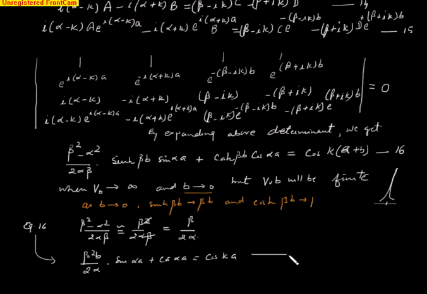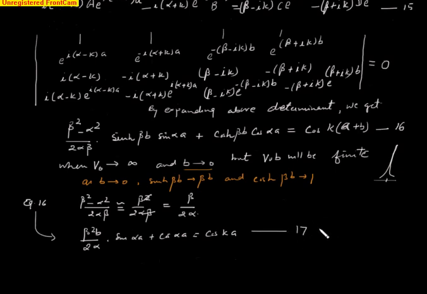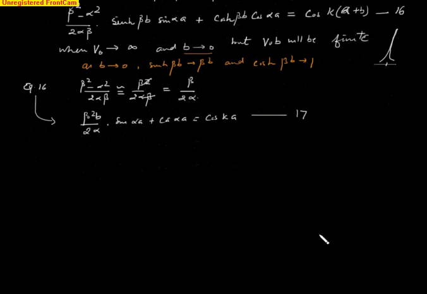Let us write this equation as 17. To solve it further, we define one more quantity. This beta square, let us say, we multiply and divide by a.